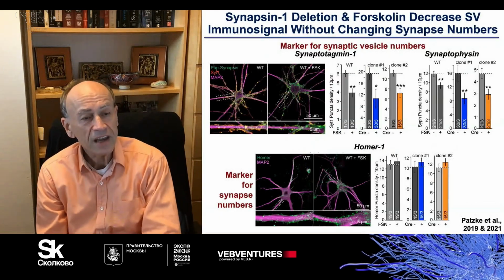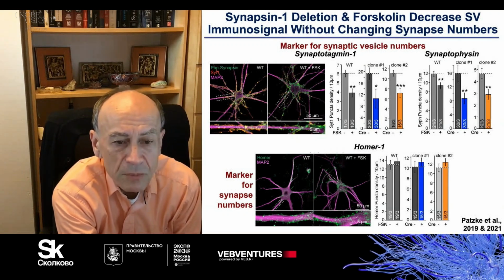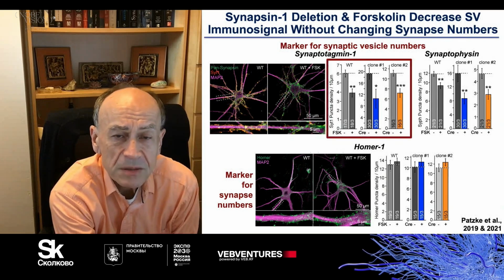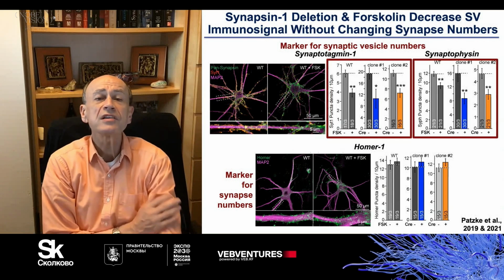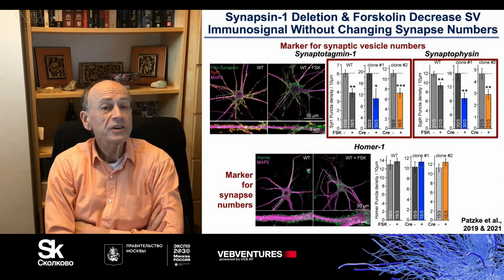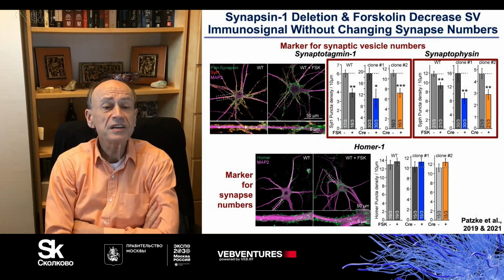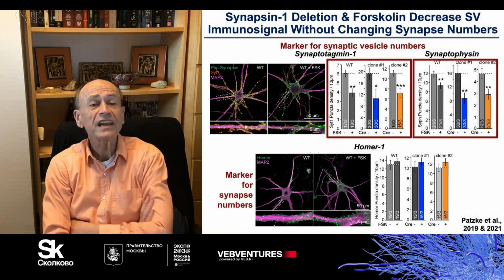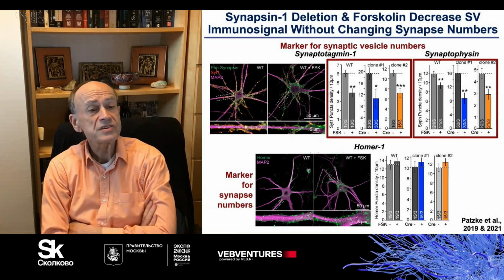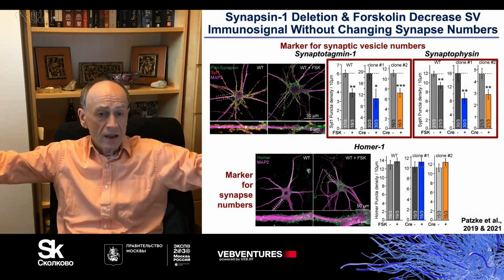This is illustrated here, where you can see on the top immunolabeling of mutant and wild-type human neurons for two synaptic vesicle markers, synaptotagmin 1 and synaptophysin, both of which we cloned decades ago. And what you can see here is that either forskolin or the Cre-dependent deletion of synapsin 1 decrease the signal for these two synaptic vesicle proteins in the nerve terminal, as you would expect when the vesicles go away.